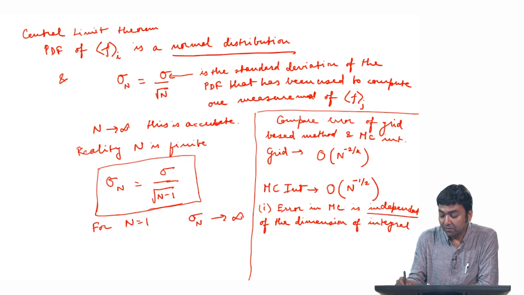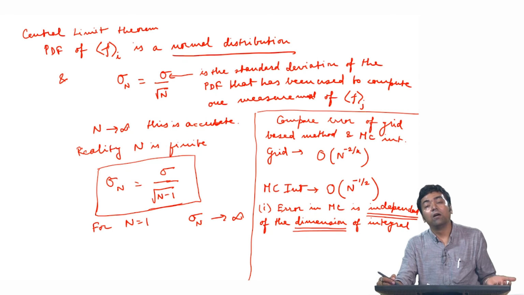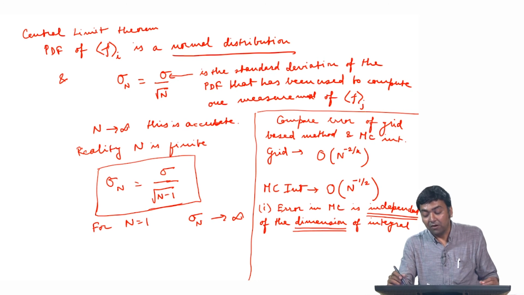Important thing to remember, this does not depend on the dimension of the integral. If you have 2 dimensions or 3 dimensions or infinite dimensions, the quality of your integral will remain the same, at least mathematically that is what it means.